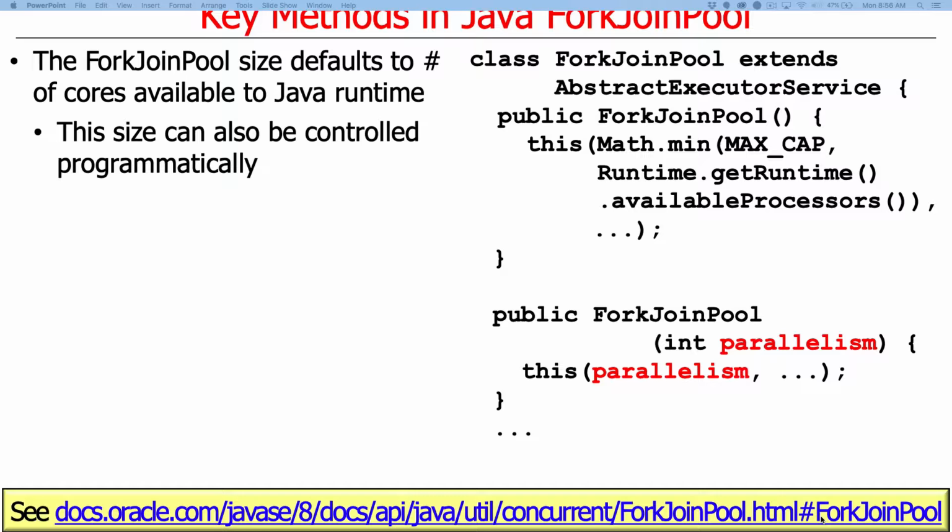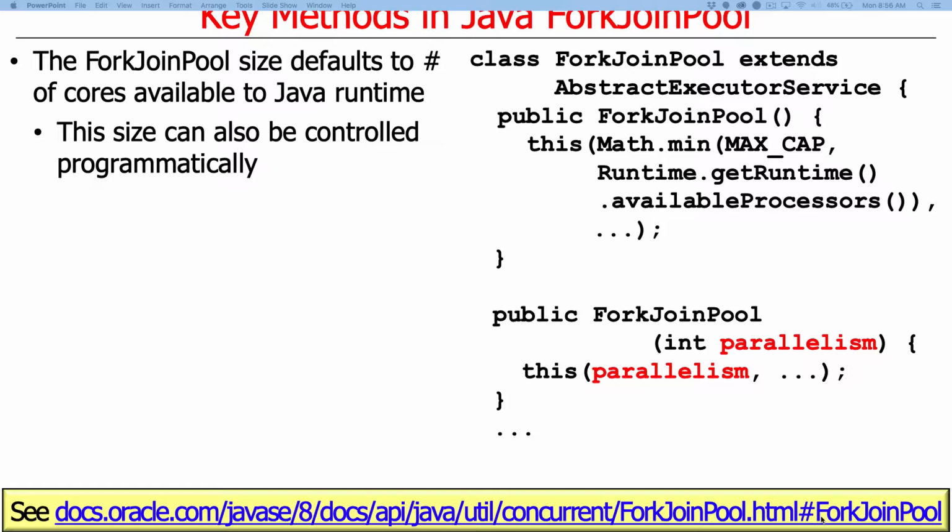You can also control the size of the pool programmatically by creating a ForkJoinPool with a parallelism parameter. This can be used to give something other than available processors. About the only reason you would ever do this is if you want to explicitly limit the number of cores that you want to be included in a given ForkJoinPool.